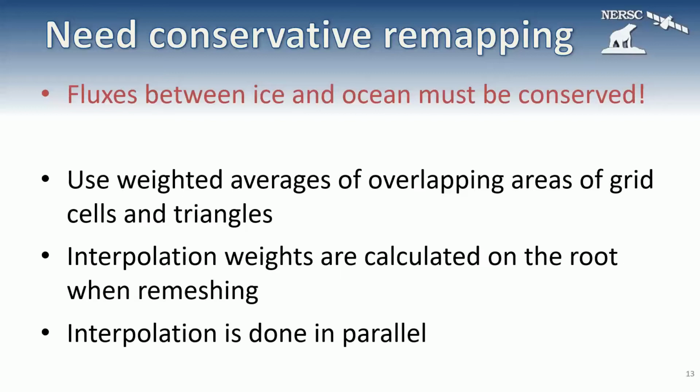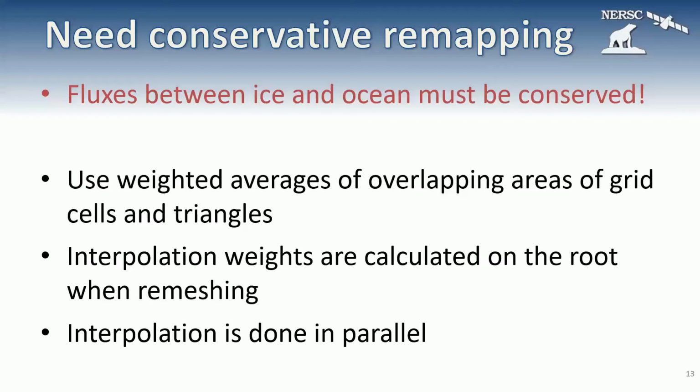So we calculate the weights during the remeshing step. On the root, you gather everything to the root, you create a new mesh, and you calculate the weights. You scatter fields to the compute nodes, and you also scatter the weights to the compute nodes.